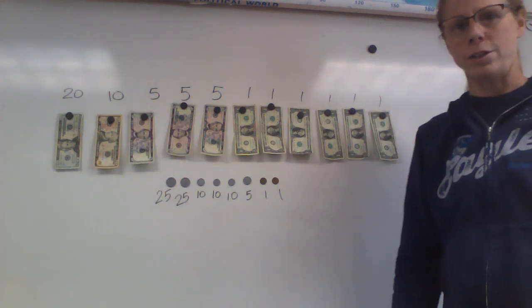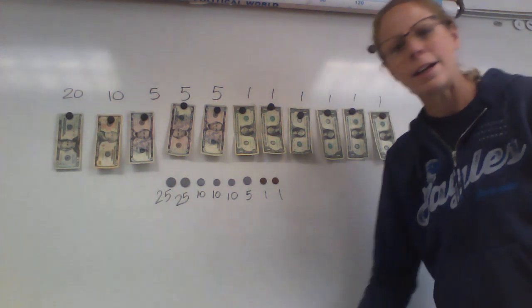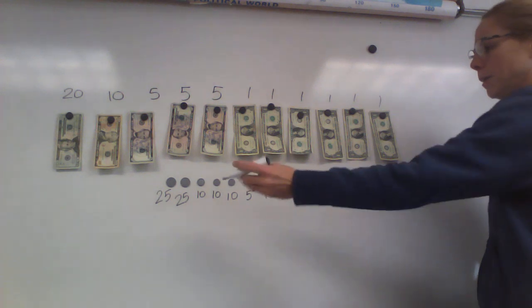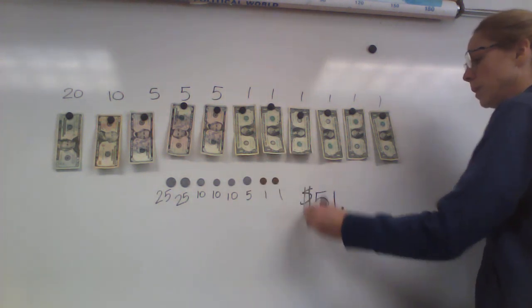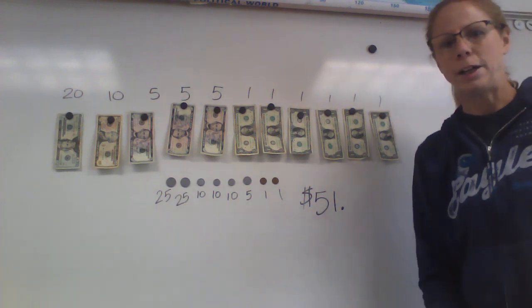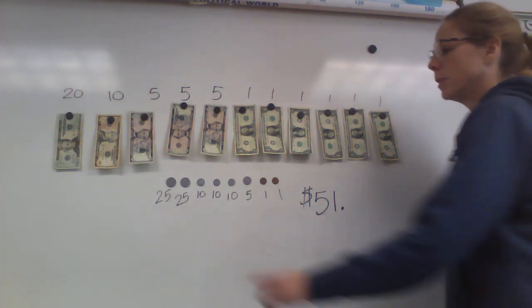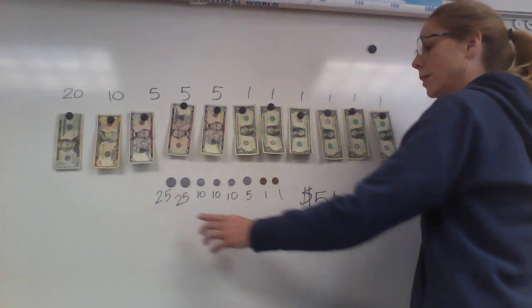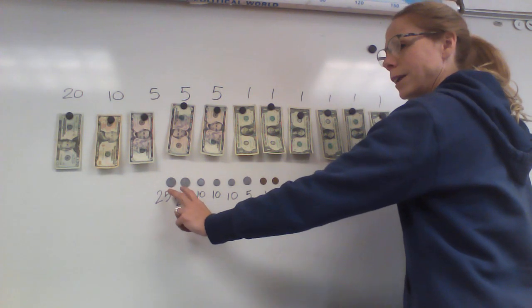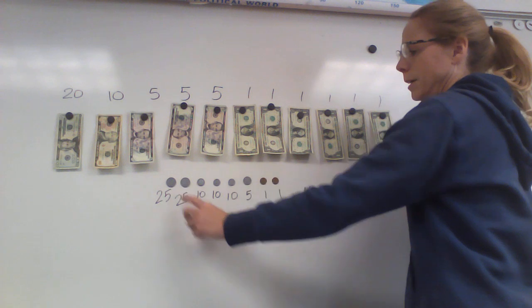$51. I think I'm going to actually write that down so I don't forget as I add up the cents. All right, so I got my $51. How many cents am I going to have here? Starting from biggest again to smallest, I have it laid out here. So 2 quarters equals 50 cents.